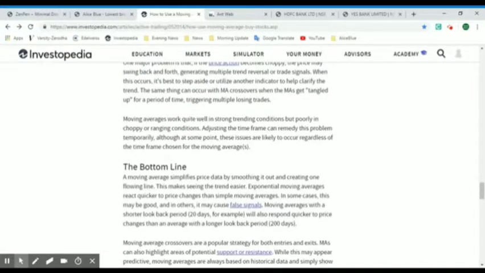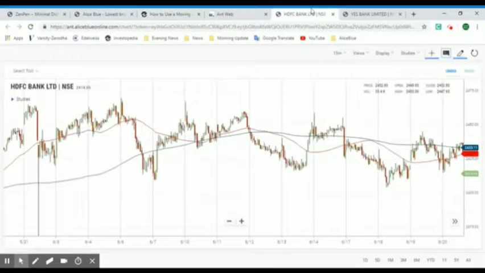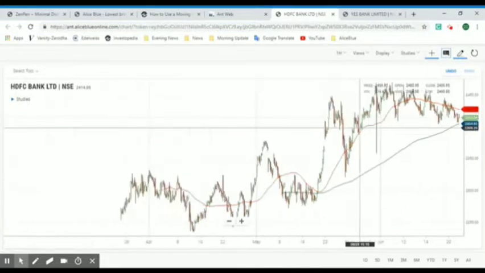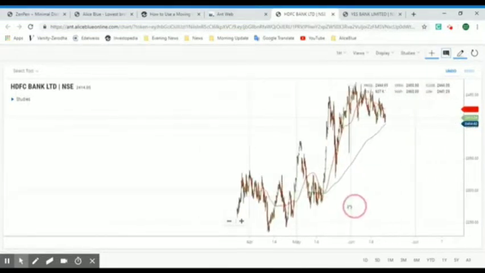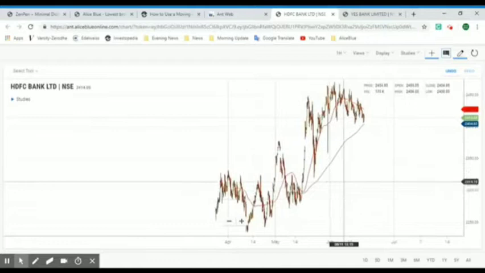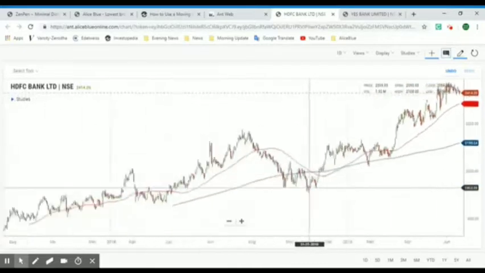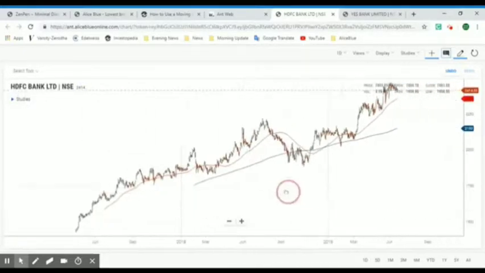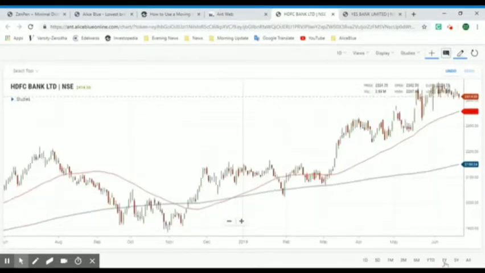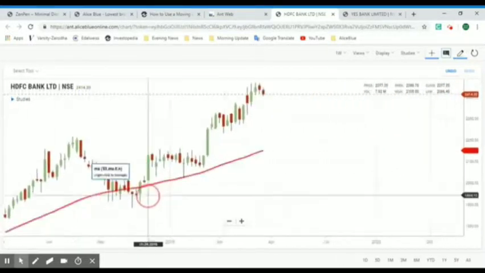So you can even adjust the time frame to give you a better idea. Let's use the time frame.